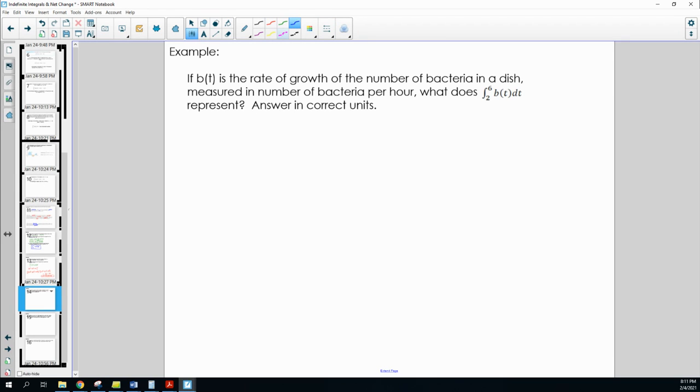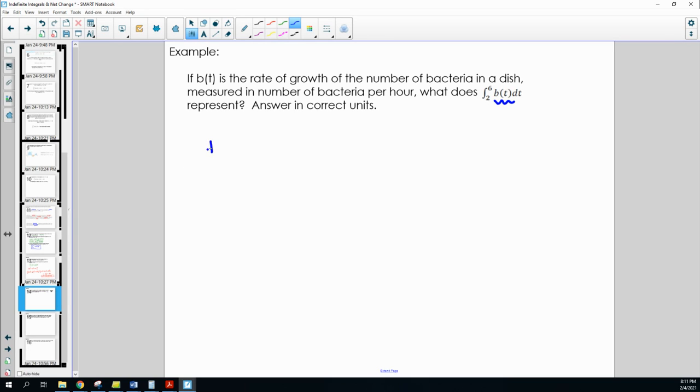So the main idea here is that what's inside the integral is a rate of change, right? It's the rate. So when I take the integral of that, that is going to give me the number or the amount. So in this case, I'm going to find the amount at 6 minus the amount at 2.